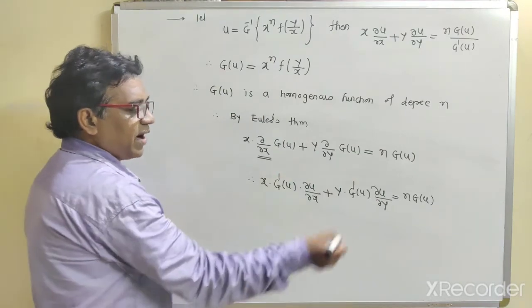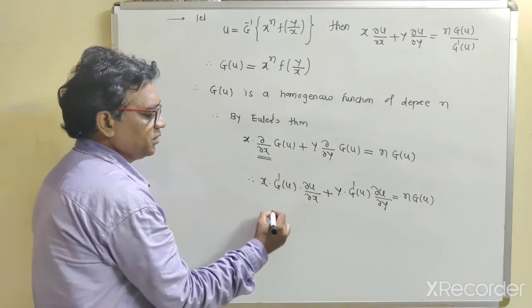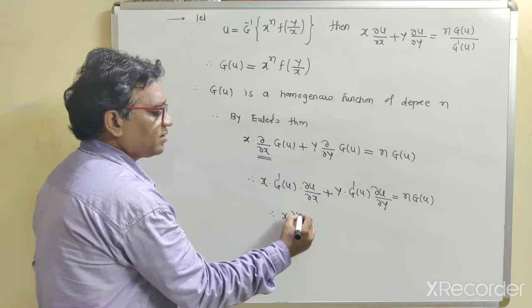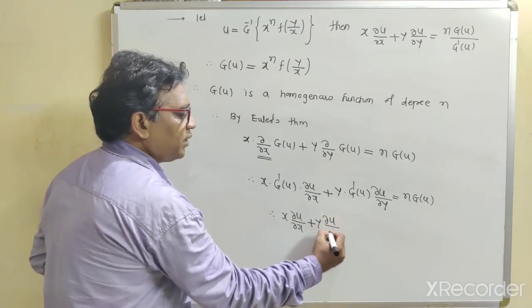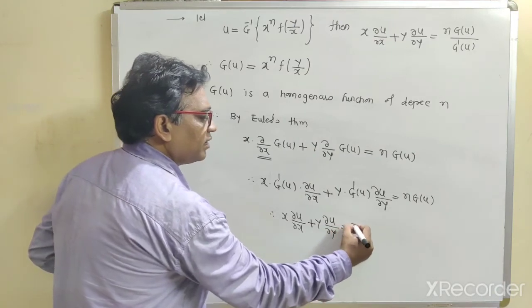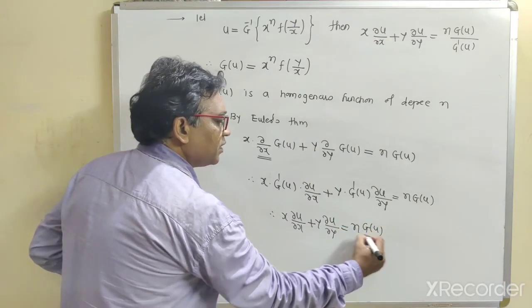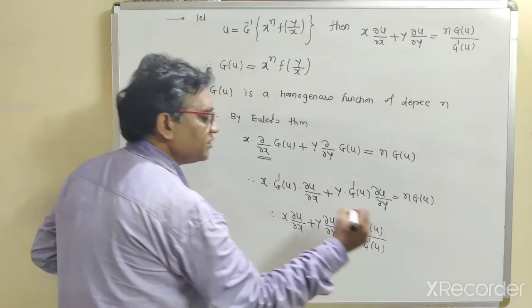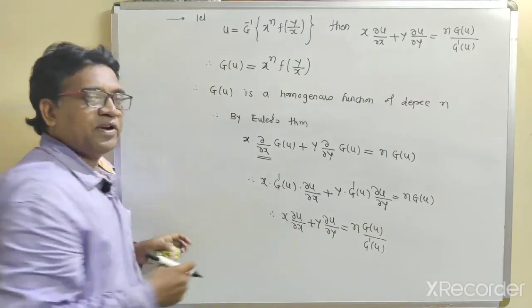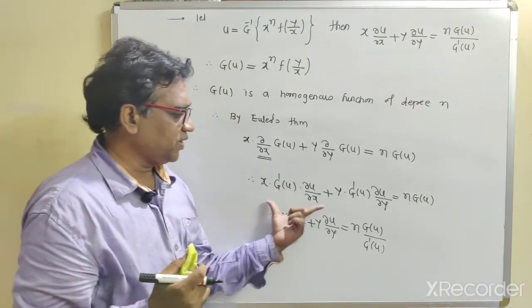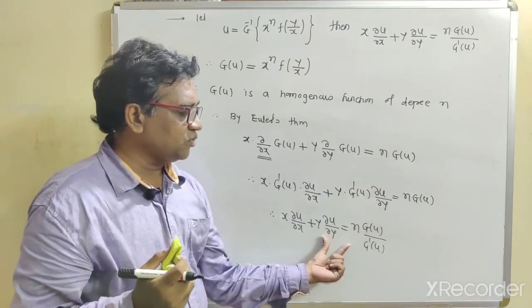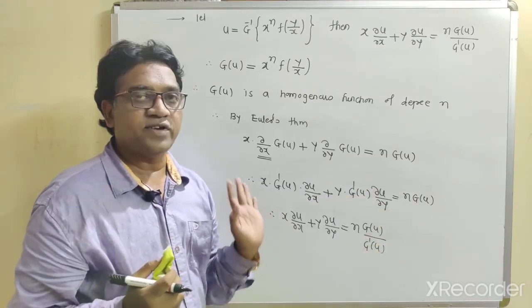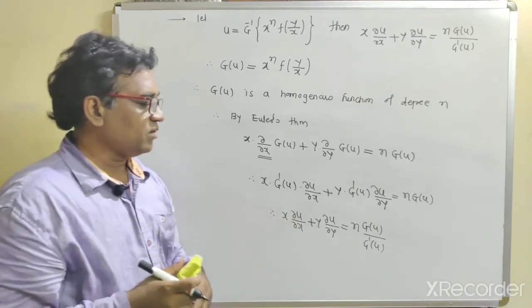Now divide throughout by g dash u. So we get x into del u by del x plus y into del u by del y is equal to n g(u) divided by g dash u. Every term is divided by g dash u. So this is our required result.